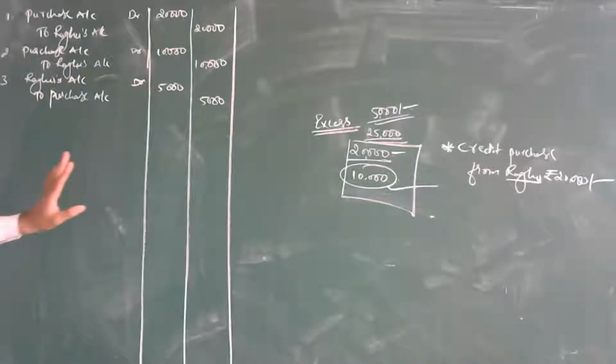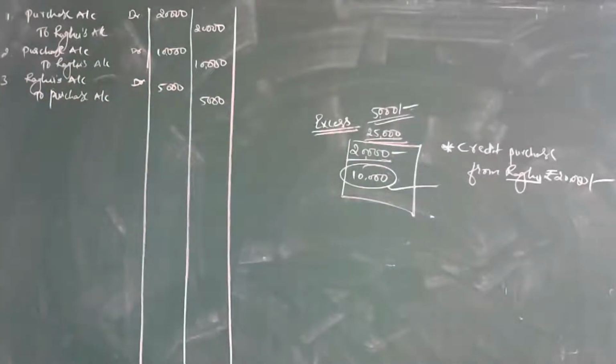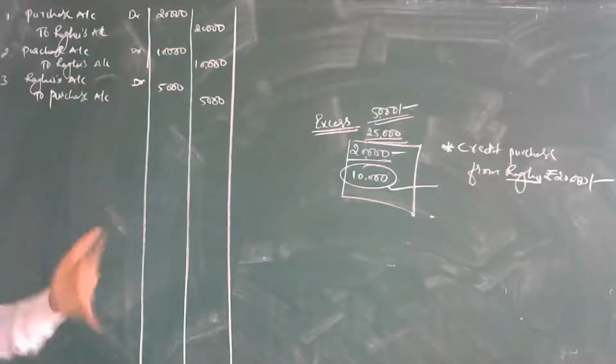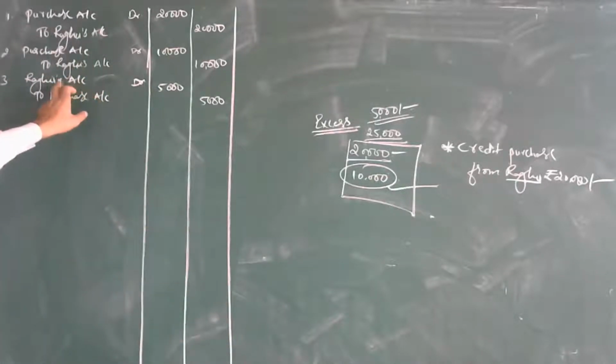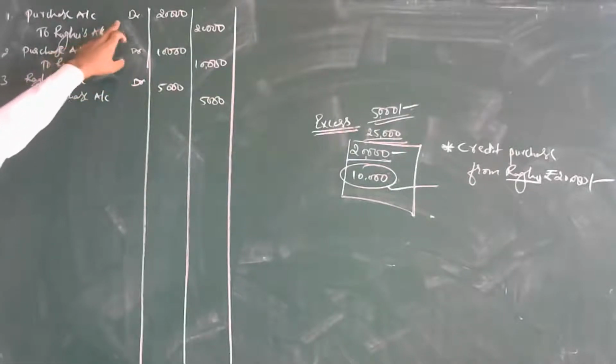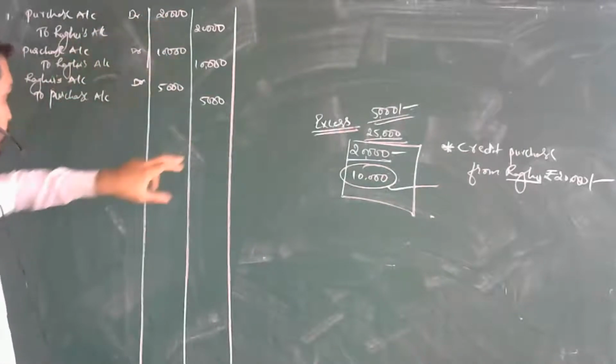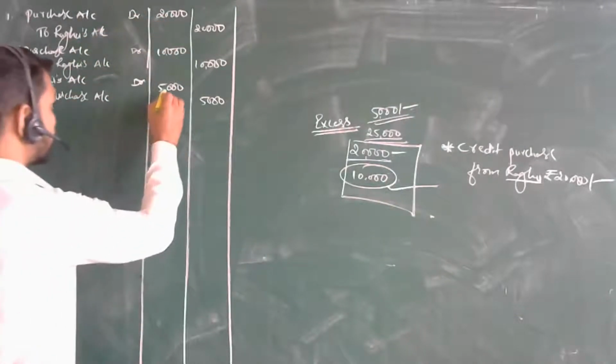Now we have given him 25,000, and now we are taking 5,000 back from him. In Raghu's account, how will it be? Purchase account debit to Raghu's account, right? But we are taking from his account, so it is the reverse. It is debited to Raghu's account. When he makes a sale for us, it is his income, and this is a reduction of his amount.